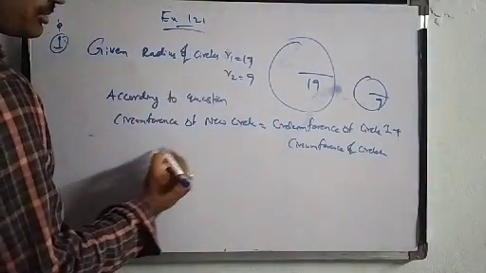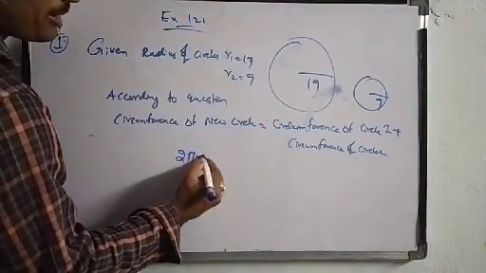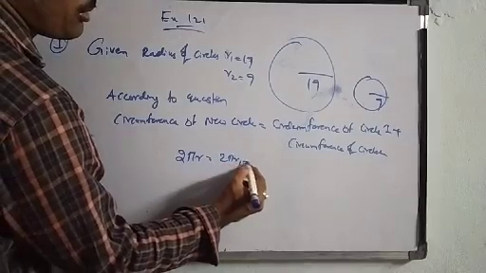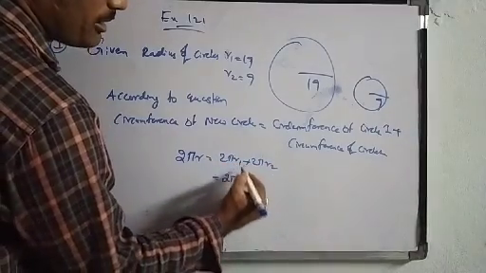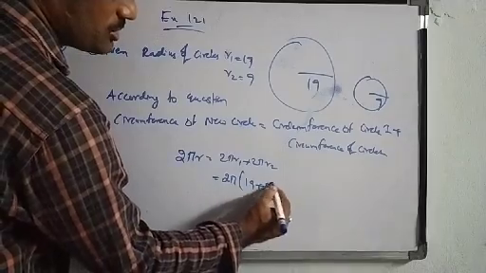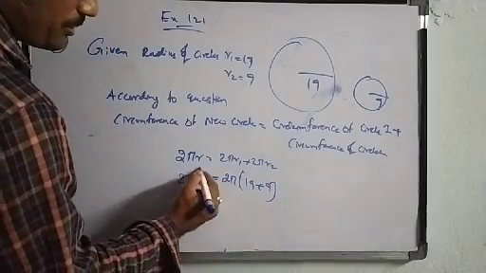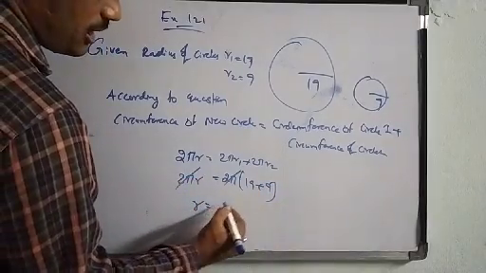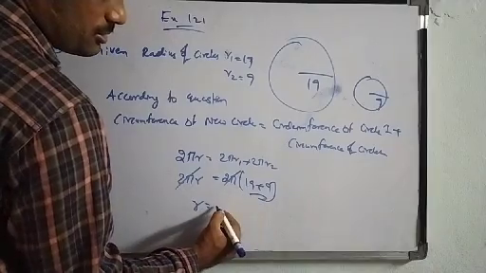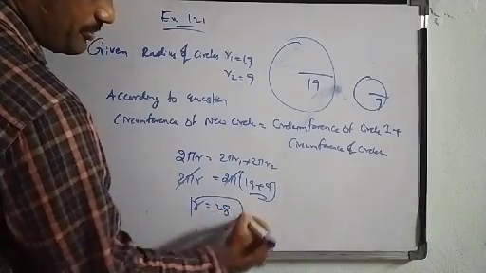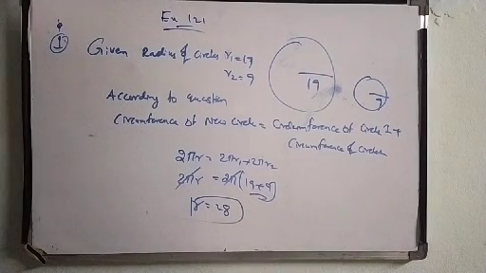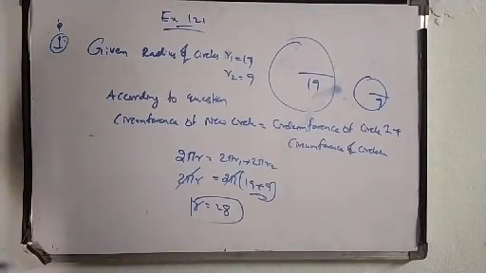The circumference formula is 2 pi r. Here it is 2 pi r1 plus 2 pi r2. So we can take 2 pi common. Radius 1 is 19, radius 2 is 9. So 2 pi R, the 2 pi gets cancelled. R is equal to 19 plus 9, which is 28. He is asking to find the radius of the circle, so the radius will be 28.